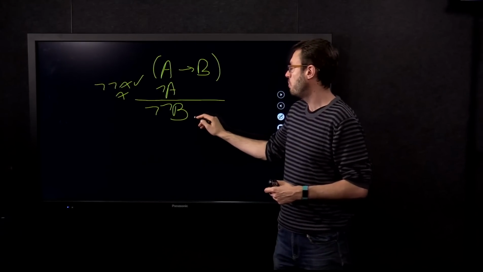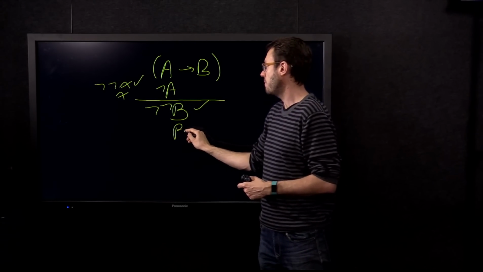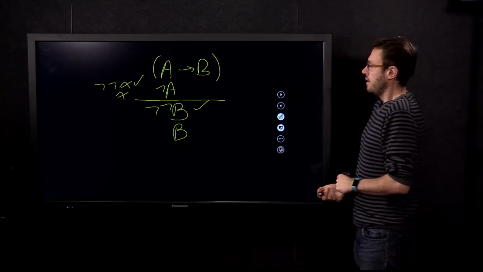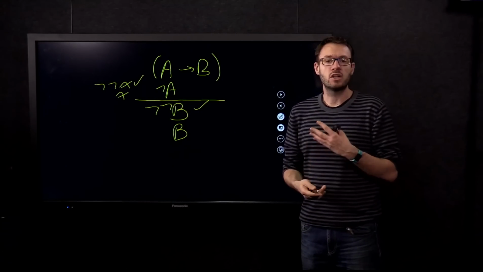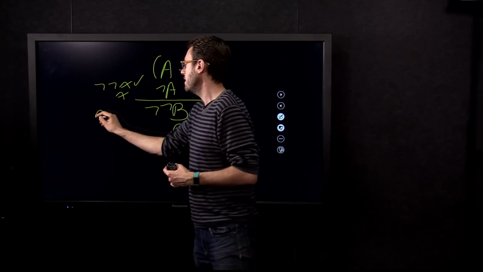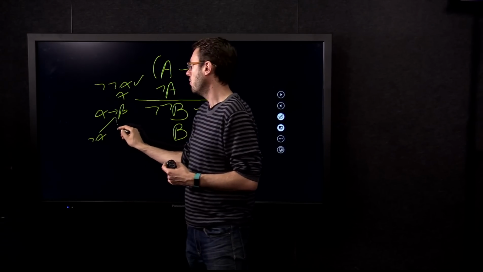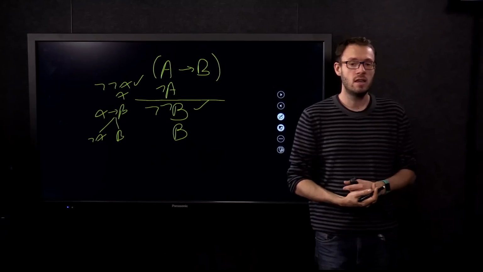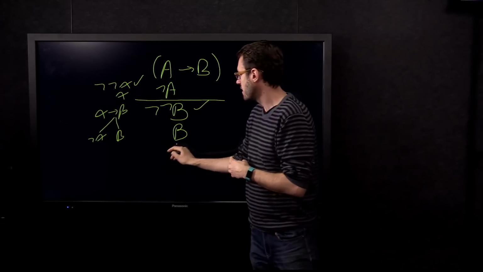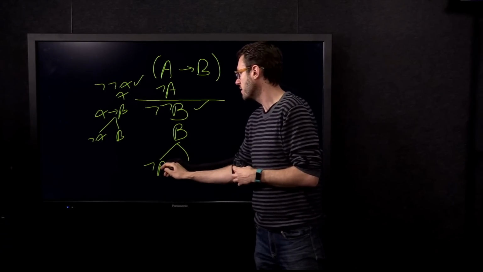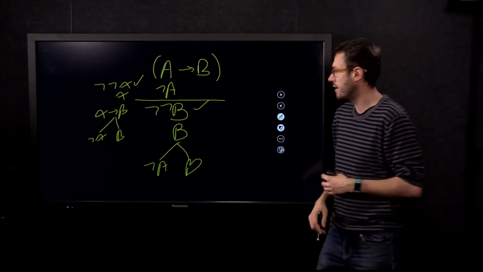So if we've got not not B, we tick that off, we just get back to B. The next thing we have to do is the conditional. The conditional rule, remember, is if alpha, then beta, and that branches to not alpha or beta. Okay, so what we're going to do is branch this conditional. We're going to get not A on one side and B on the other side.